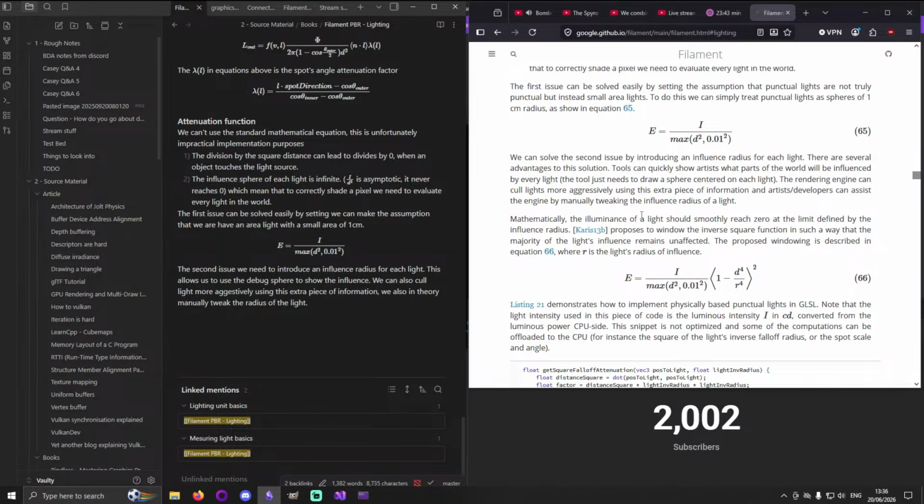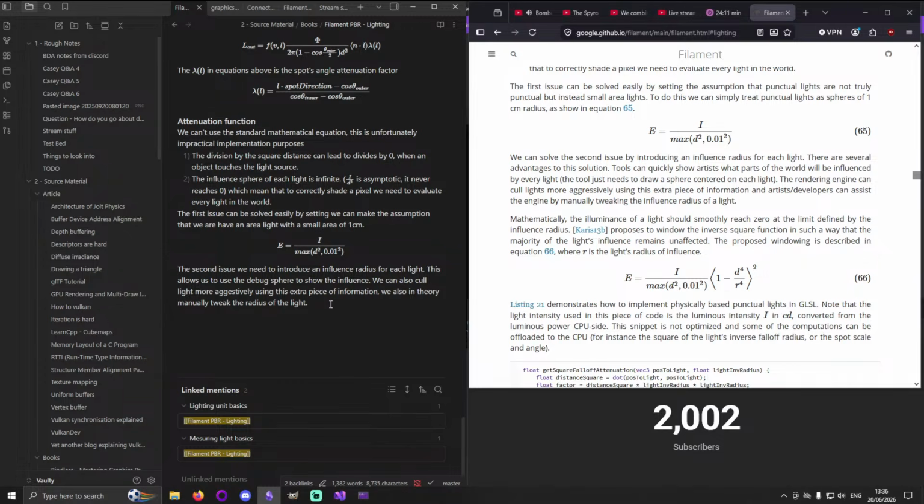The mathematical illuminance of a light should smoothly reach 0 at a limit defined by the influence radius. It is saying that a virtual sphere is drawn around each light source. Ah, okay, so it's going to be like point lights around the source, not necessarily the effect of where it's actually hitting.